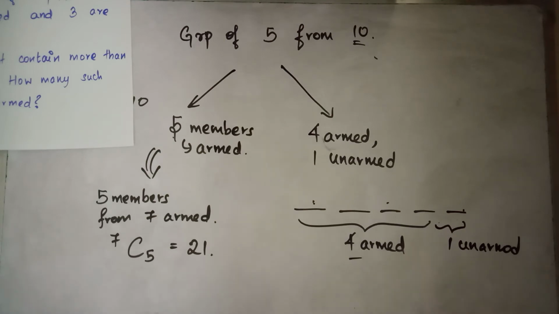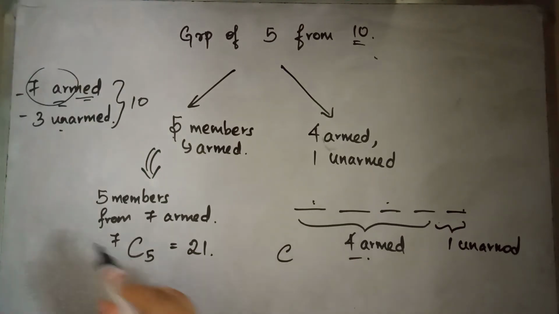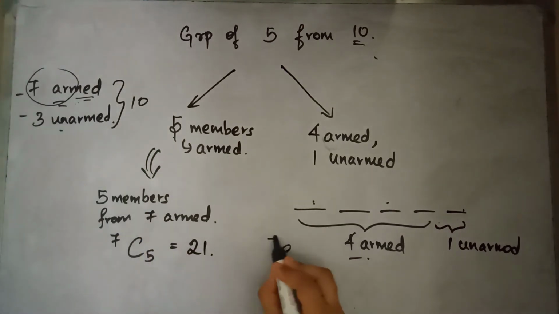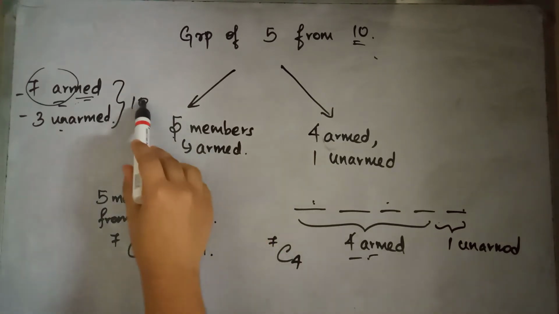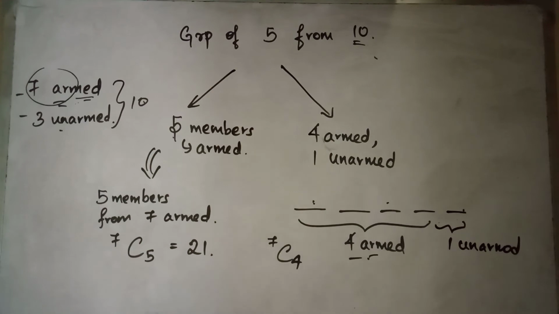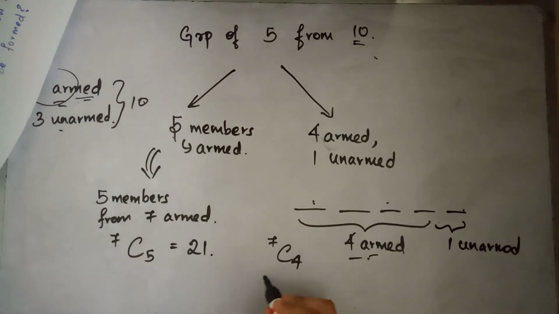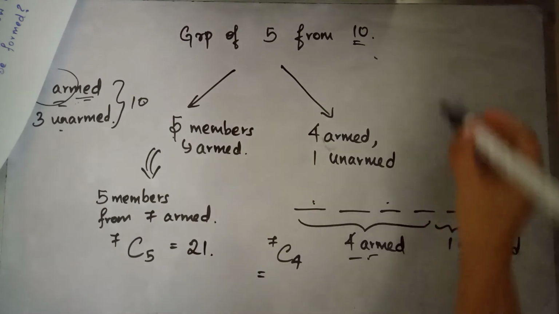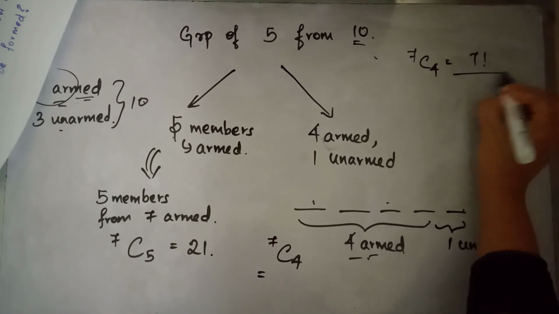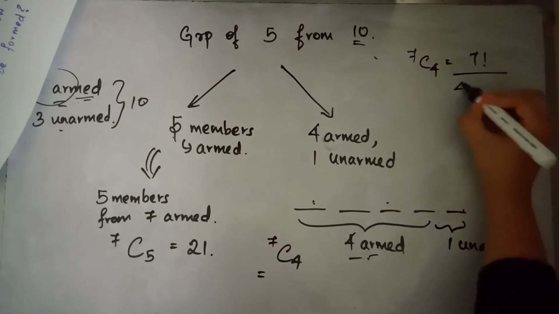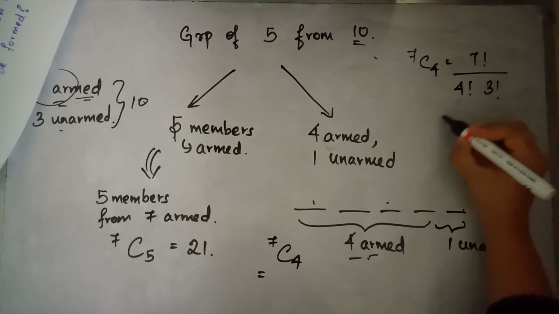First, let's look at 4 armed members. From where do I choose these 4 armed members? I choose them from these 7 armed members. Only then will I be sure that I'll get armed members. If I'm choosing from total 10, I could get an unarmed member and not even know it. So I'll have to take 7C4 and this will give me 7 factorial by 3 factorial and 4 factorial.